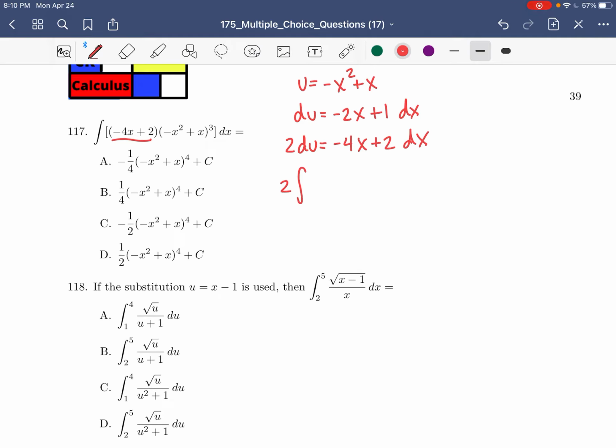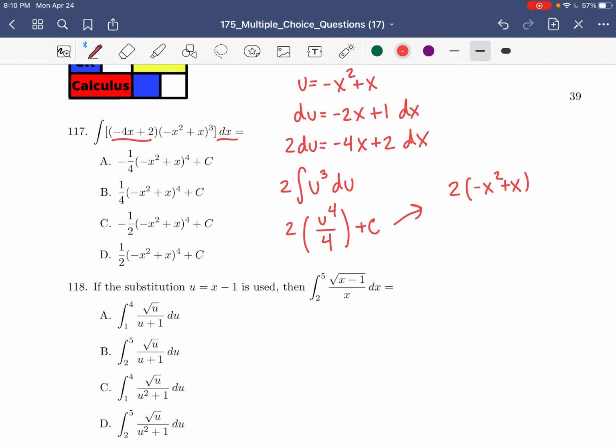I can set up my integral. So 2, this negative 4x plus 2 dx is going to become du. And then I'll just have u to the third power du. So then it's going to be u to the fourth over 4 plus c. And all I have to do is just replace it.